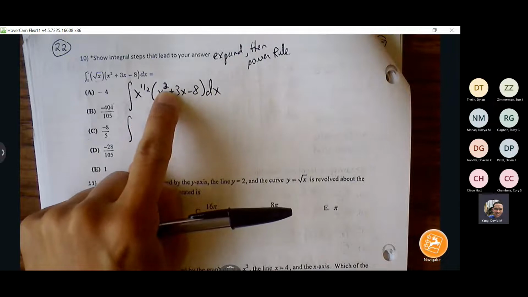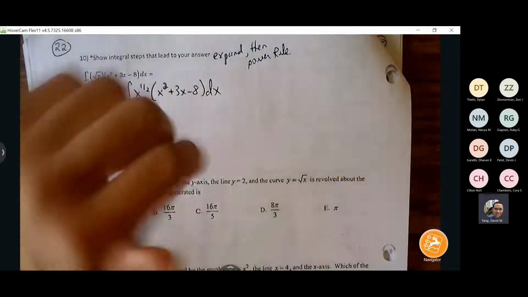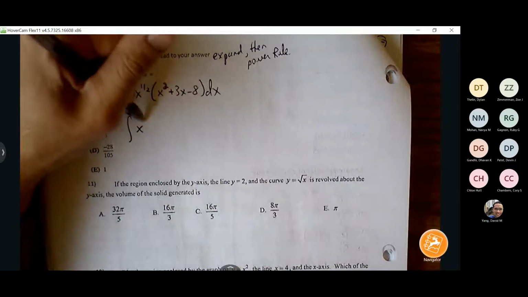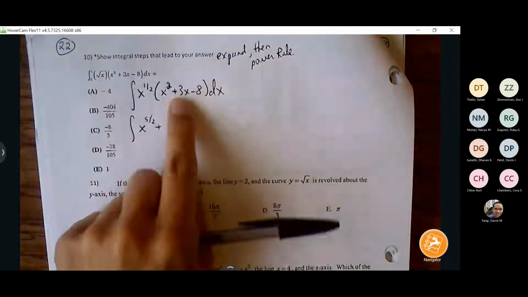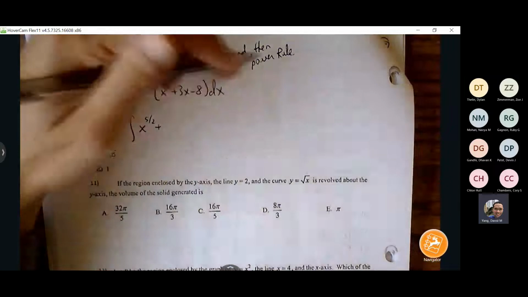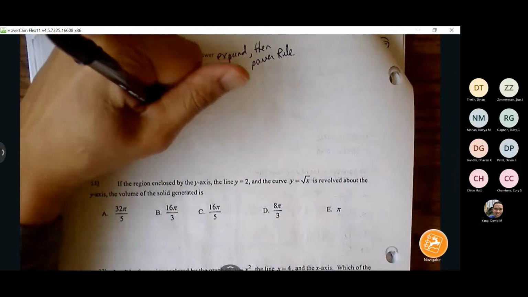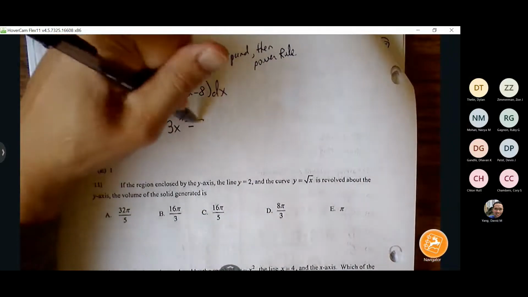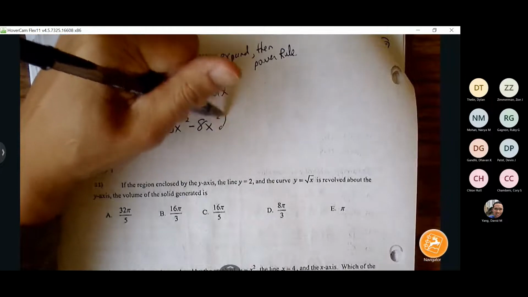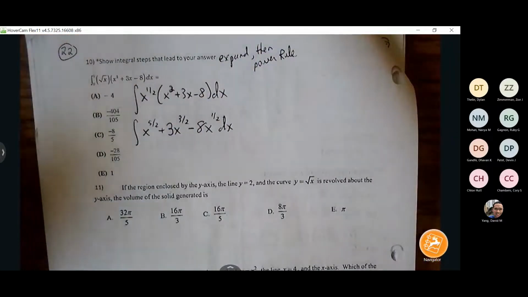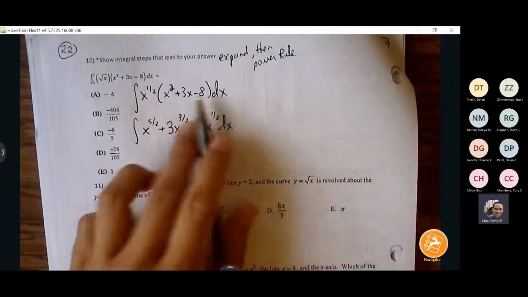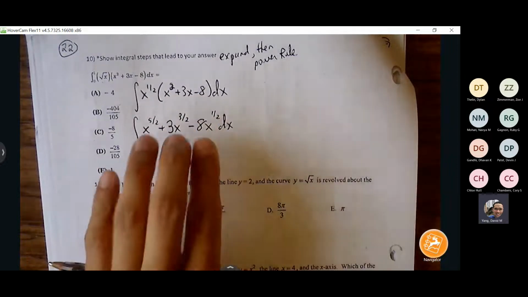Add fractions here. 4 over 2 plus 1/2 is 5/2. 1 plus 1/2 is 3/2. So we got rid of the parentheses, we got rid of the radical, everything is nice and separated.